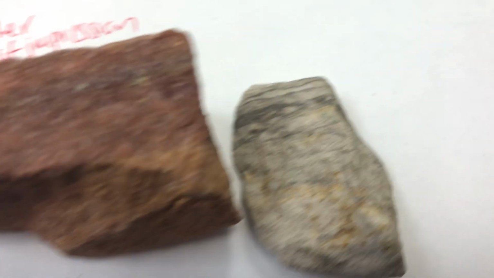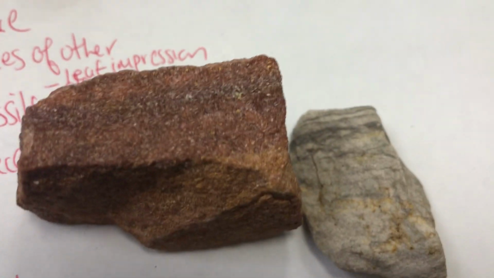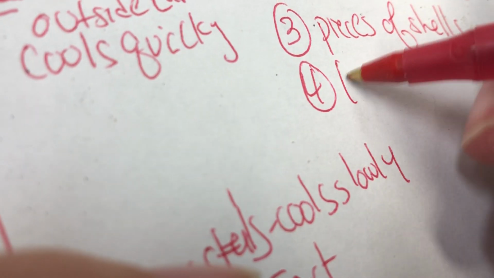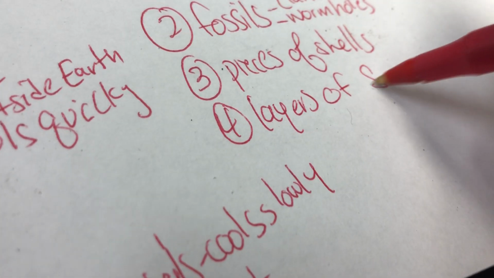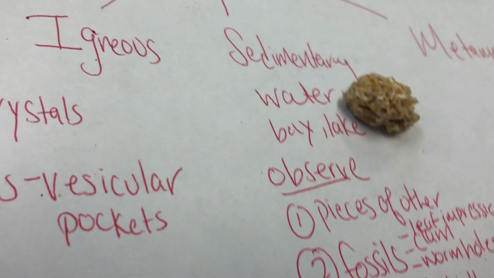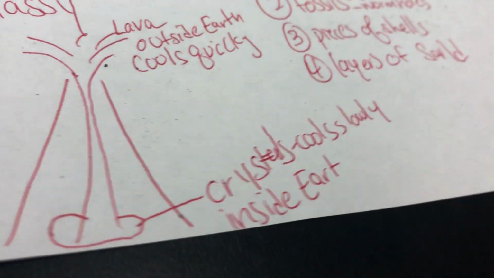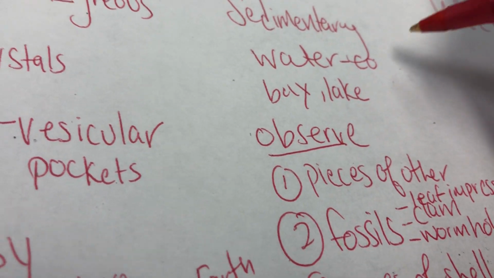And these layers kind of look like almost like a sand dune. And that's what this is. This is actually sandstone. So it could have layers of sand. Those are your sedimentary rocks. Sedimentary rocks are usually found in coastal regions by water, and I'm going to put the word coastal.